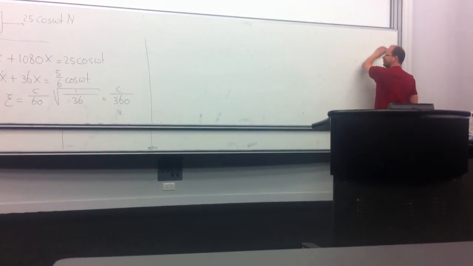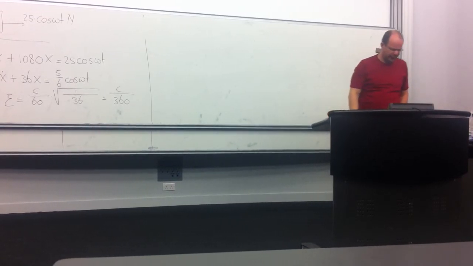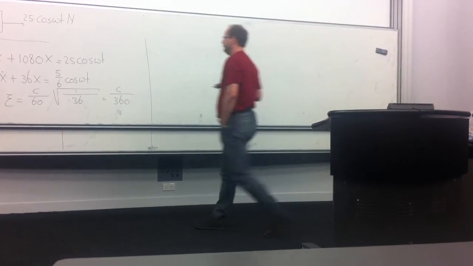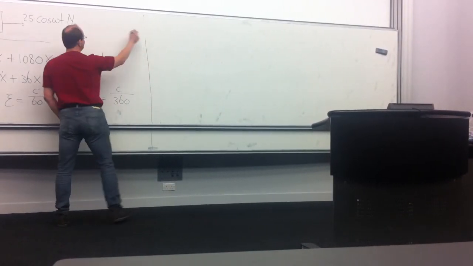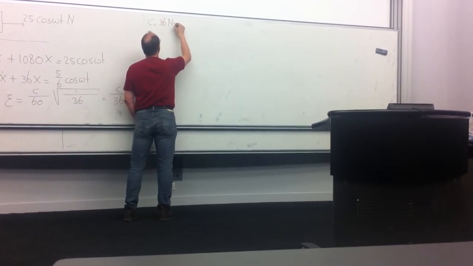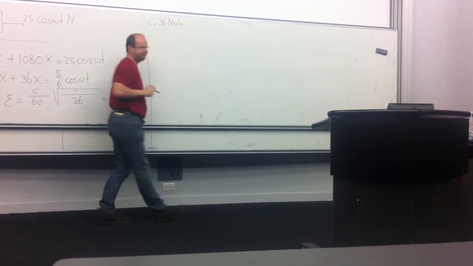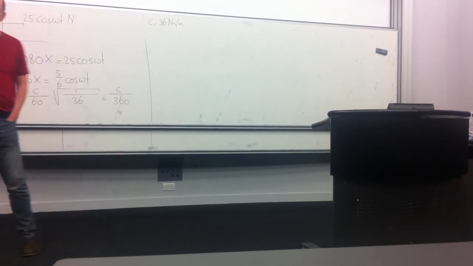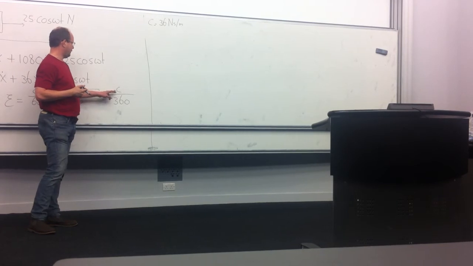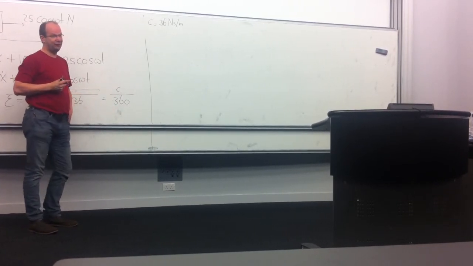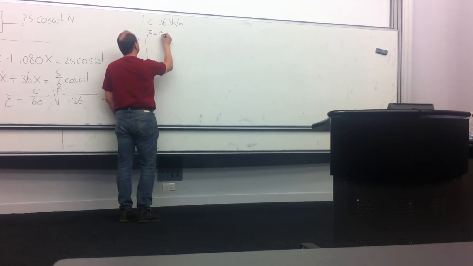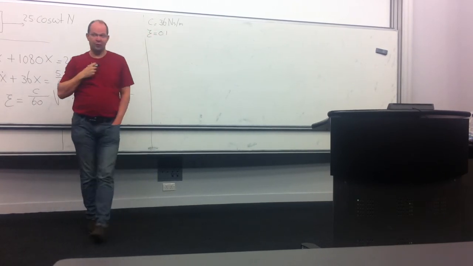We're now assuming that C is equal to 36 Newton second per meter. So C now is 36 Newton second per meter, and that means as theta is equal to C divided by 360, that theta is equal to 0.1.